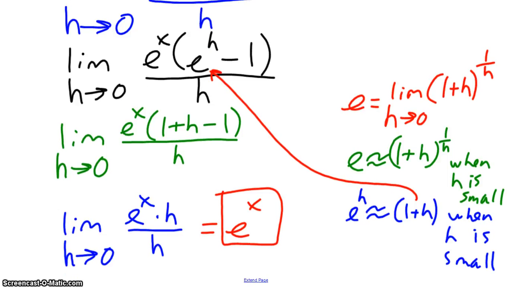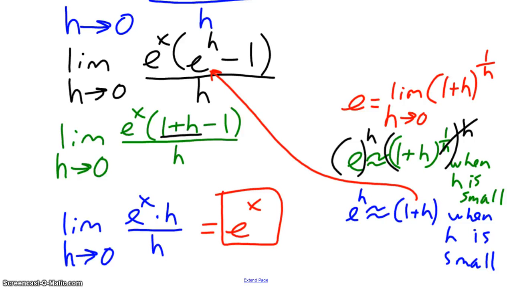So if I raise both sides of this equation to the h, then this cancels and I get e^h is approximately 1 + h when h is really small, basically when I'm taking the limit as h goes to 0. So I substitute in for e^h, I make it 1 + h.